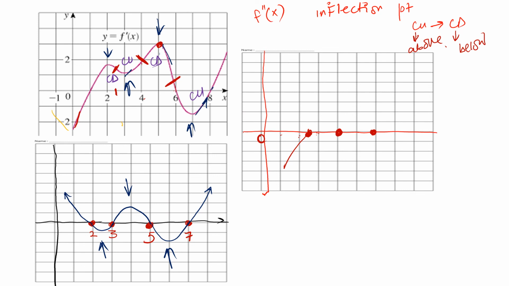Then I have concave up till 4, so I will make a curve like that. Then again concave down till 5.8, so I will make it below the x-axis, and after that all is concave up, so above the x-axis I will make it.